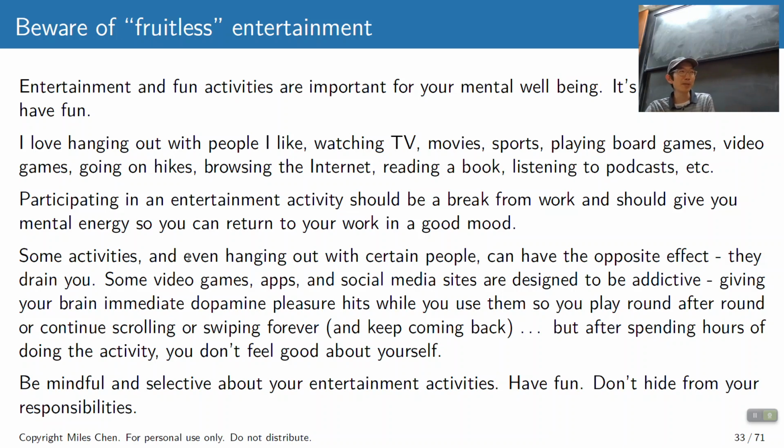But there are some activities, and I hope even hanging out with certain people, that can have an opposite effect. These activities end up actually draining you. There's a whole class of apps, especially certain social media apps, that are designed not to make you feel better, but to just keep you hooked on the app, because that's how they make the money.